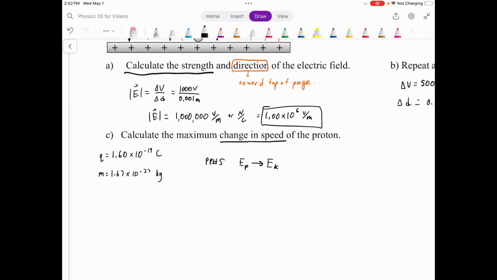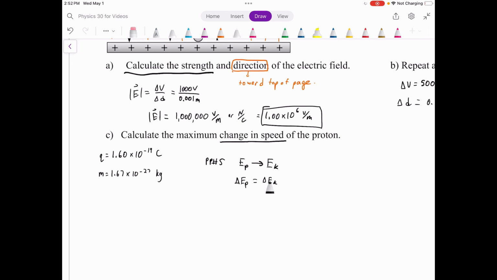And it's physics principle number 5 that tells us this. The change in potential energy will just have to be the same size as the change in kinetic energy, right? One is being gained while this one's being lost. But however much potential energy is lost has to be equal to the amount of kinetic energy being gained.